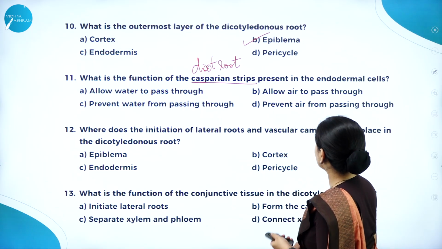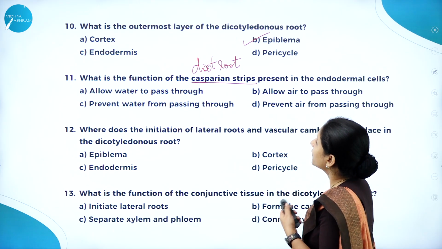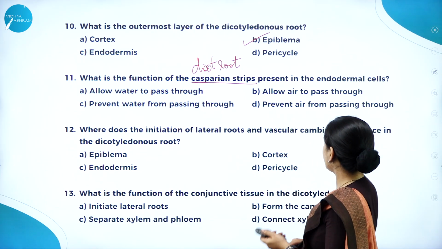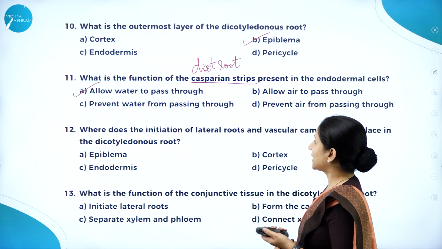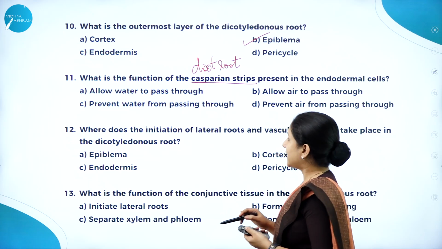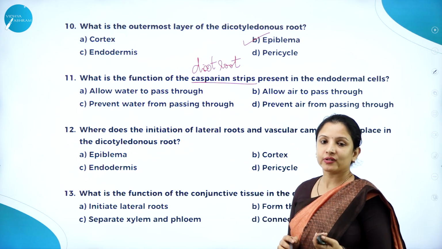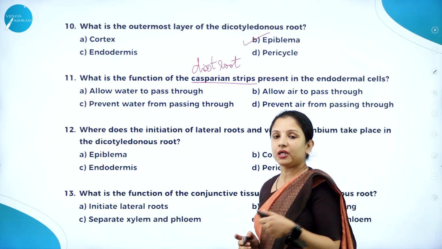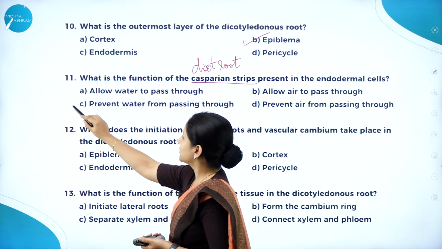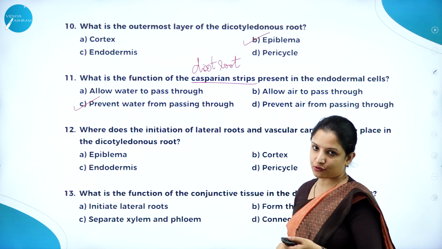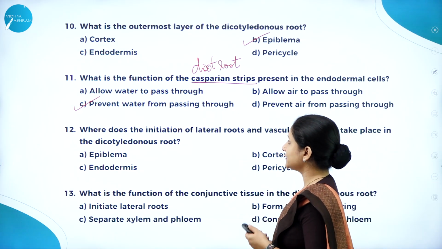Allows water to pass through, allows air to pass through, prevents water from passing through, prevents air from passing through. This Casparian strip is actually impermeable to water, meaning it doesn't allow water to pass through. Therefore, the answer is prevent water from passing through. That is the function of the Casparian strip.